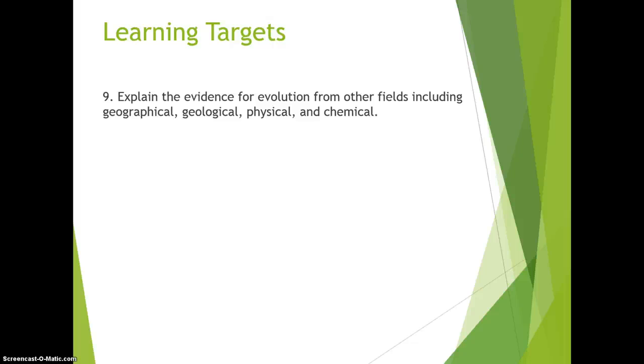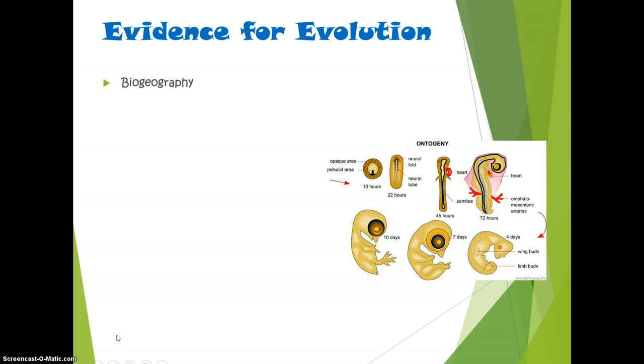Alright, first target we're going to hit is 9. Explain the evidence for evolution from other fields, including geographical. So we're going to be looking at geography and how that supports evolution, geological evidences, physical evidences, chemical evidences. So first, biogeography.